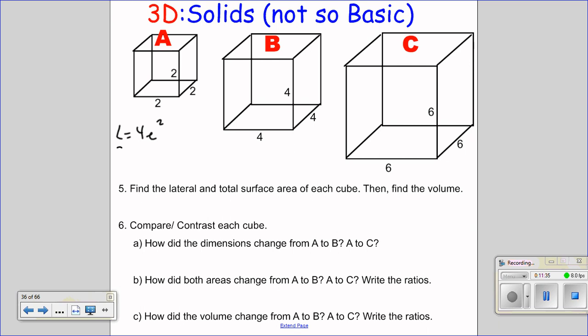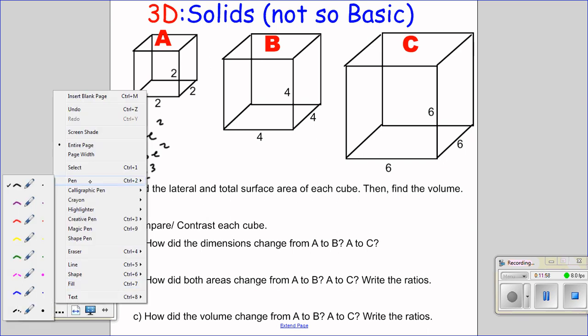And then for surface area, it's 6 times e squared. And then for volume, it is e to the third power. Now we can find the lateral, total, and volume for each cube.